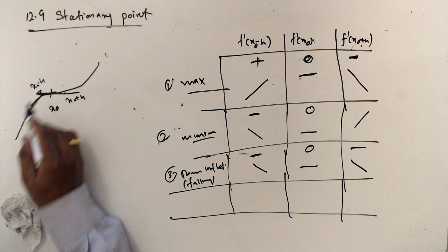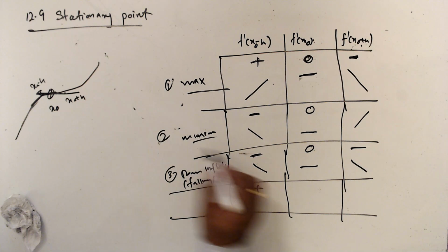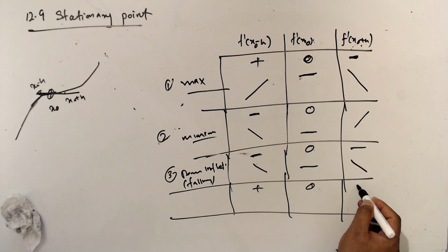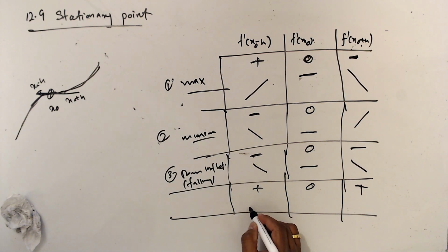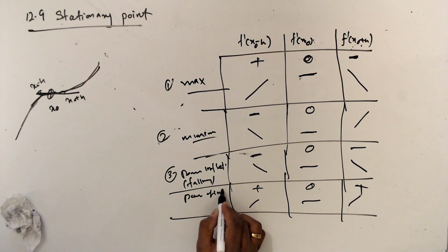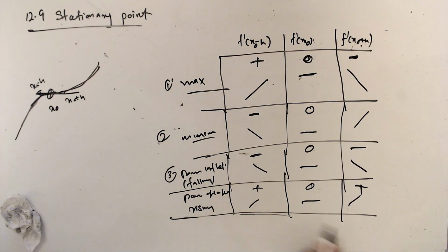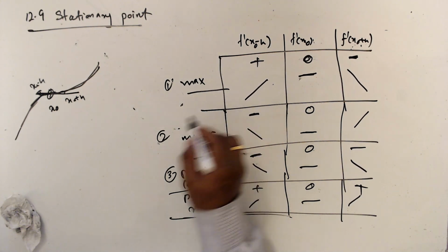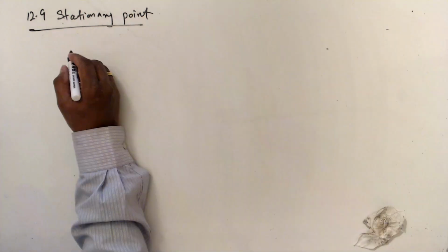When you go to the left, the gradient is positive, and you know at this point it is 0, and then positive again. So this is positive, 0, positive, then again a point of inflection, and rising. So those are the 4 situations you can see through a graph.